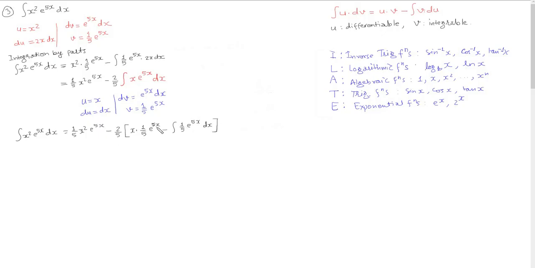So here I have used the formula for integration by parts for this red integral.